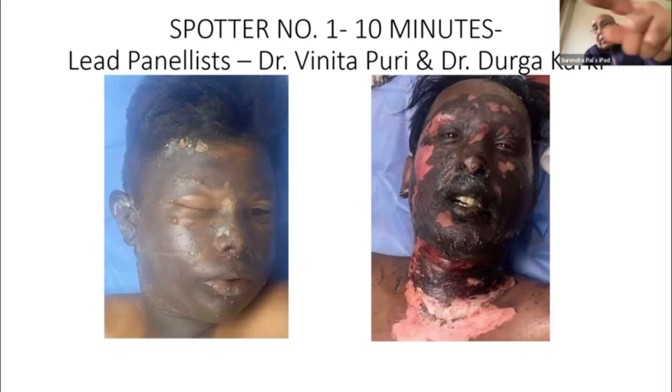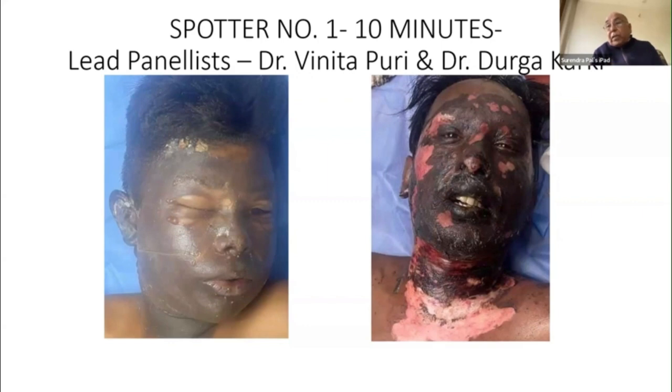If you keep on seeing the upper limb on the second slide, there's hardly any burn on the forehead, just a small burn on the forehead. So if the burns were in a close confinement or other situation, then you can think of it. But here the burns are only confined to the face.